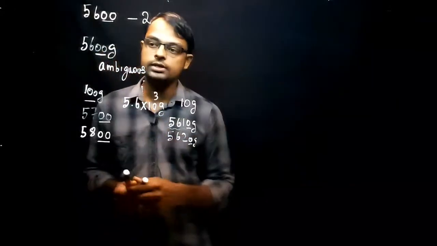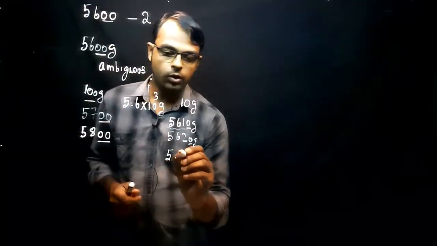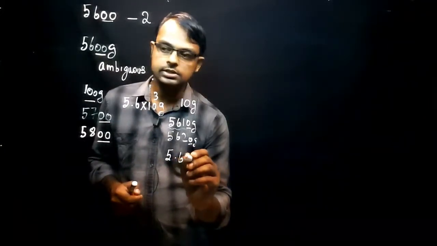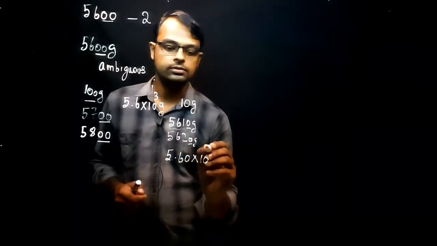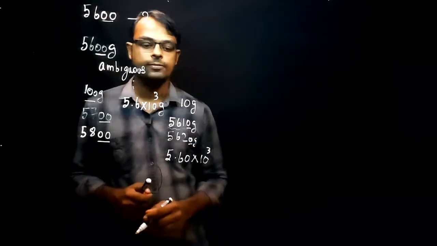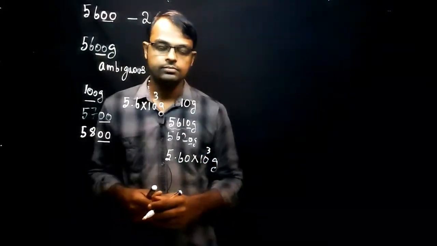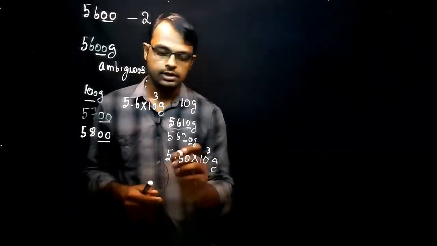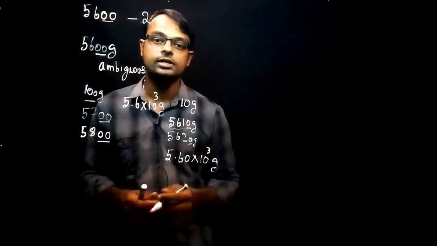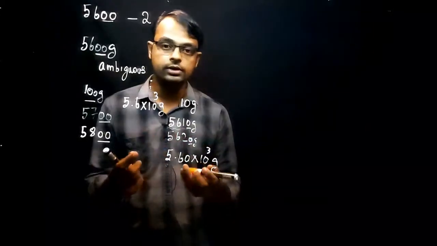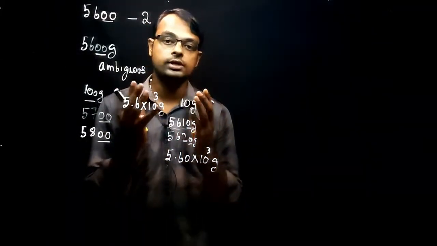Our reading is 5600 gram, so we can denote it as 5.60 into 10 to the power 3 gram. There are three significant figures here. So it depends upon the least count or the accuracy of the measuring instrument.